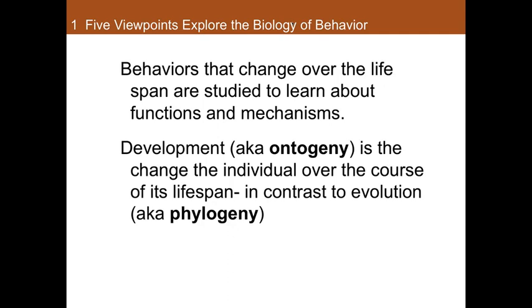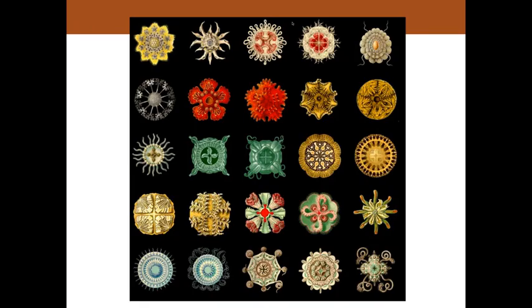Behaviors that change over a lifespan are studied to learn about functions and mechanisms. Development is known as ontogeny, and it's the change of the individual over the course of its lifespan, in contrast to evolution, which is also known as phylogeny.